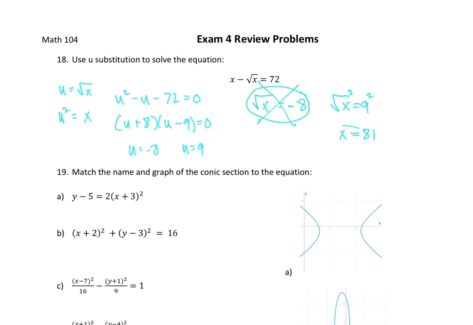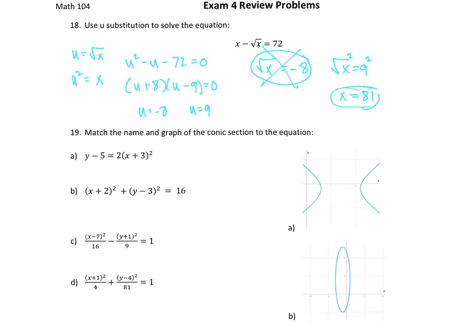And if we plug that into the original, we get 81 minus 9 equals 72. So it works out. Now I went through that one kind of fast. If that is even on the test, it would be a bonus.